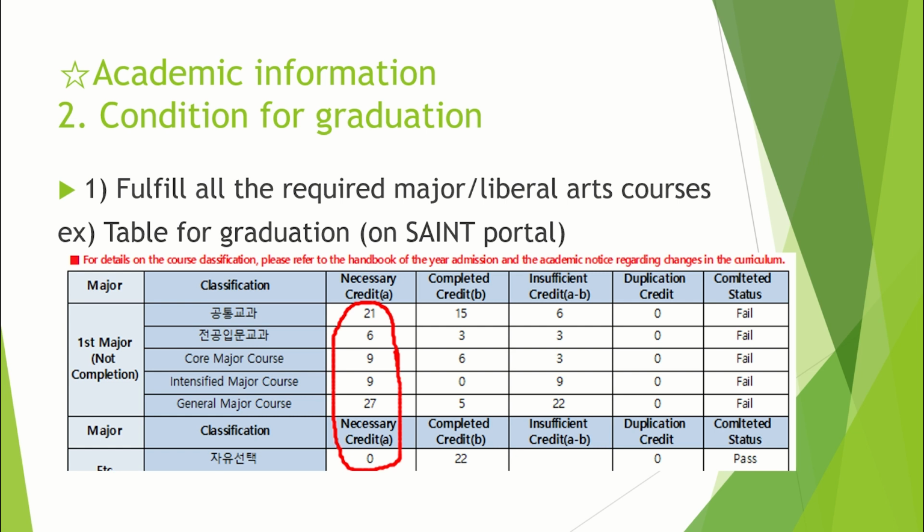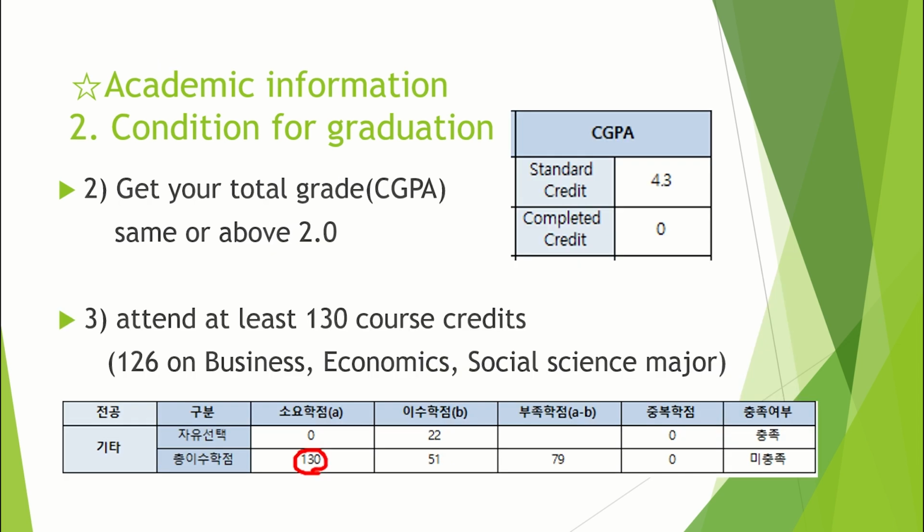In order to graduate, you should fulfill all required major and liberal arts courses according to your table. Moreover, you need to maintain your total grade at least 2.0. And even though you fulfill the course condition, you must attend classes for at least 130 credits.